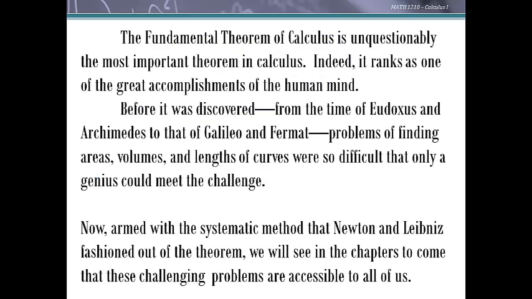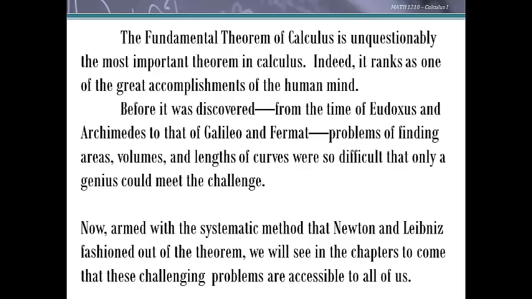So I'd like to read a statement out of the calculus book. The fundamental theorem of calculus is unquestionably the most important theorem in calculus. Indeed, it ranks as one of the greatest accomplishments of the human mind. Before it was discovered, from the time of Eudoxus and Archimedes to that of Galileo and Fermat, problems of finding areas, volumes, and lengths of curves were so difficult that only a genius could meet the challenge.